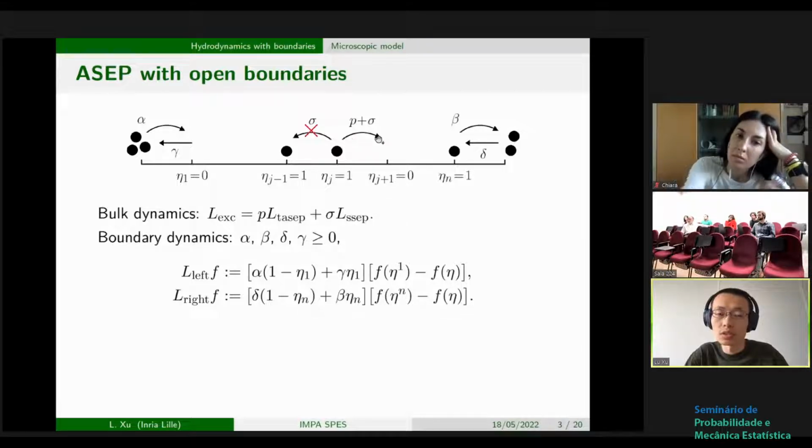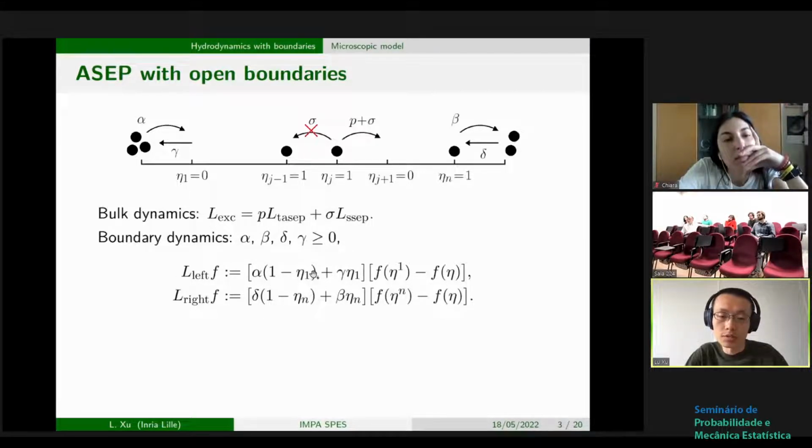Here we see that it's asymmetric to the right. And at the boundary, particles can come in and come out from a reservoir. On the left the rates are alpha in, gamma out. On the right, beta out, delta in. So we have this kind of boundary generator.